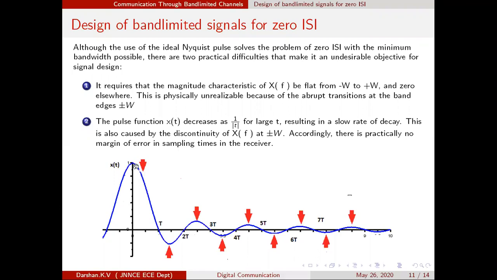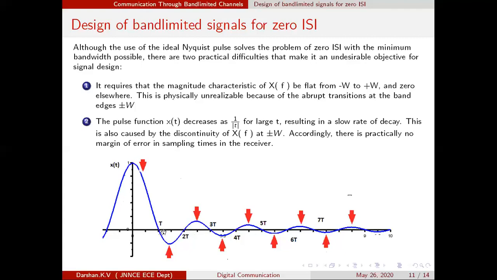So why does the problem occur? This is because of the nature of the pulse. Just observe, from 0 to t, the signal x of t shows a very high rate of decay. But when you move from t to 3t, the decay rate is not as high as from 0 to t.